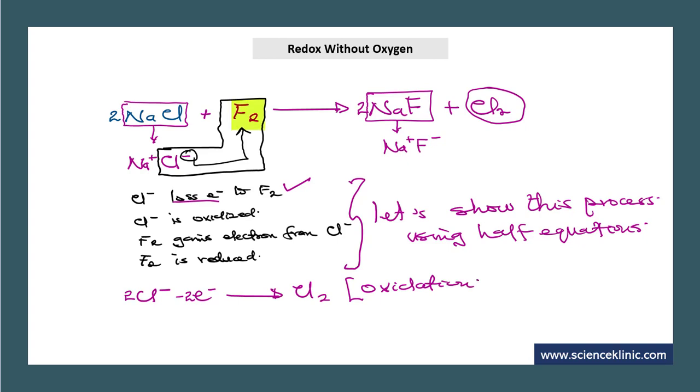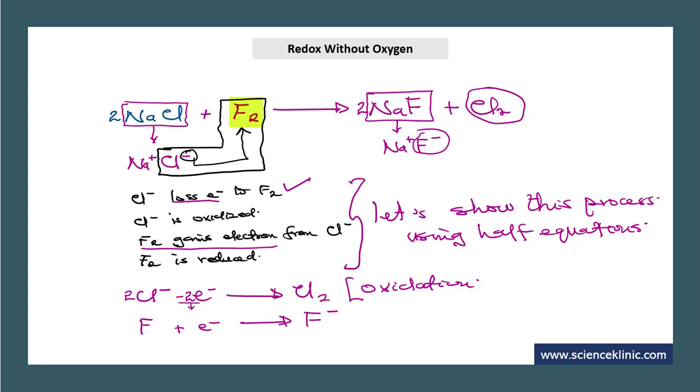And for fluorine, of course, it gains electron from chloride ion to form fluoride in the product side. It means the half equation for this will be F plus electron to give us F⁻.